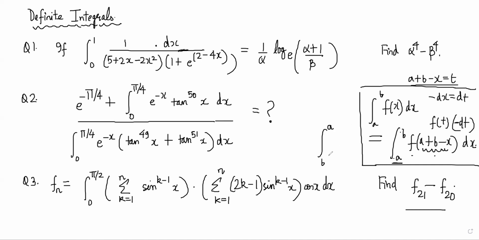So t is becoming a, and inside now you're writing f of t minus dt. And the minus sign will reverse the order of the limits. It will become integral of a to b f of t dt, right? Which is the same thing as this. Yes, sir.